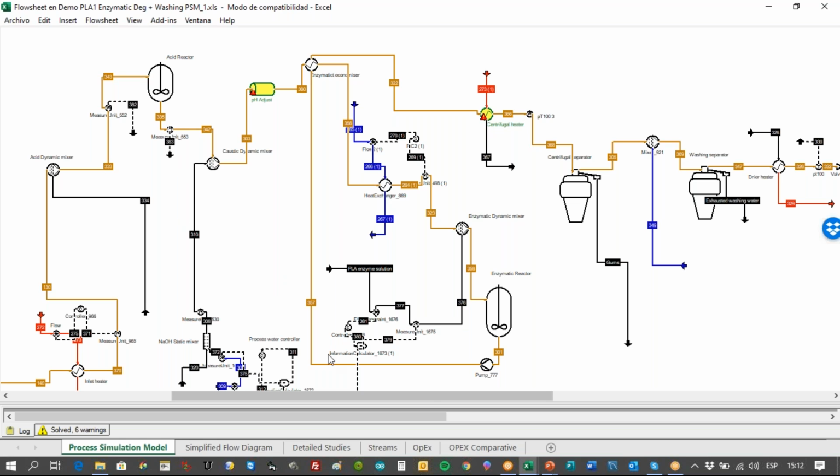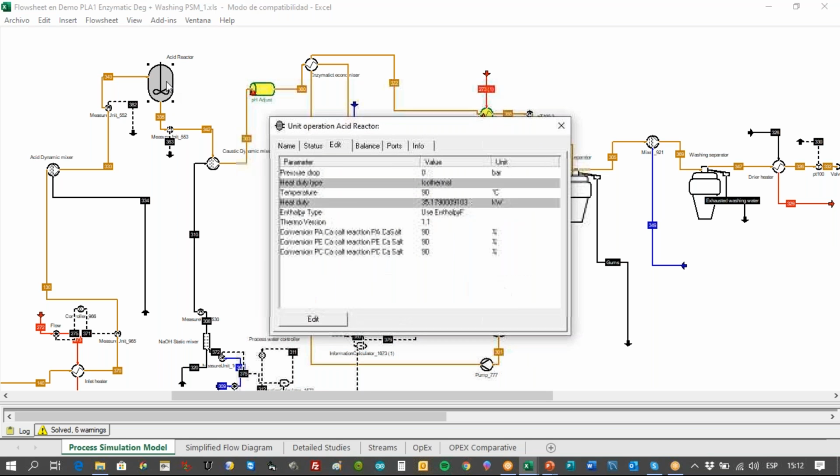So what I'm going to do is go here, and change the conversion of the acid reaction on the salts from 90 to 80.